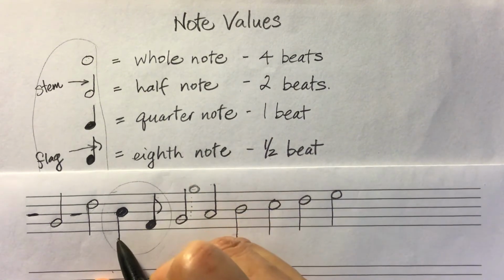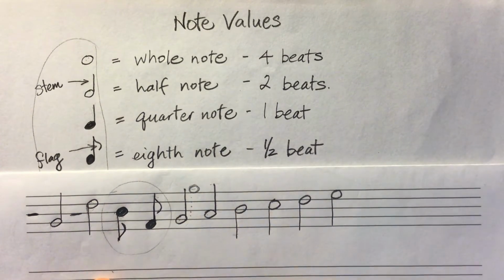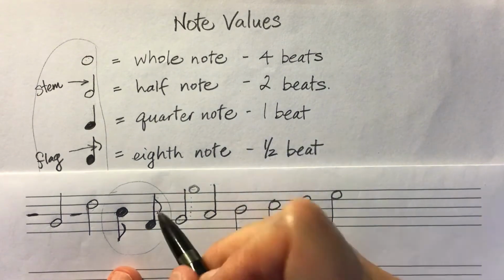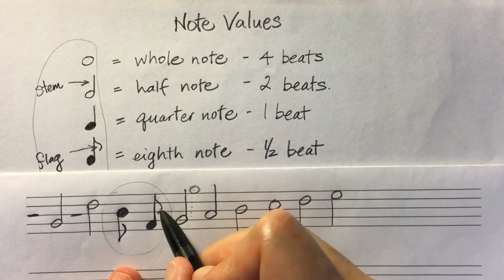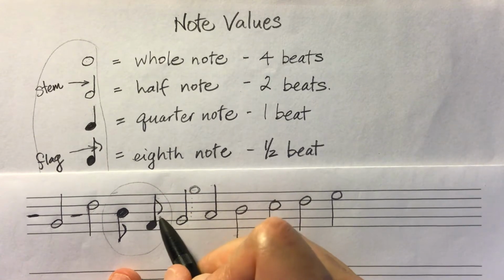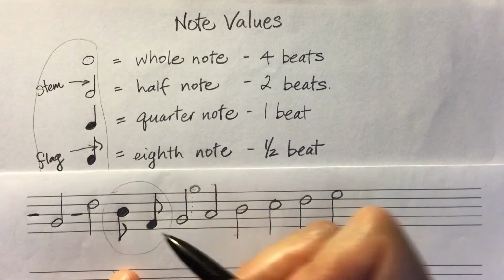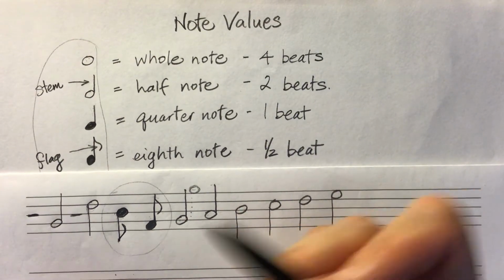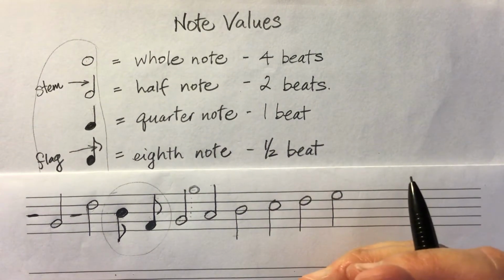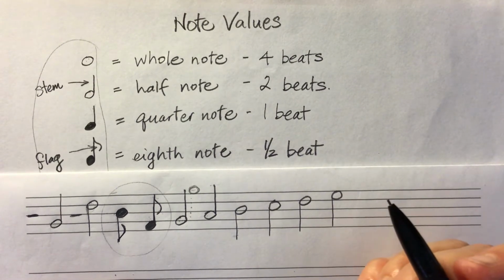Your flag actually has to stay on the right side. So notice on this side, up stem, the flag is on the opposite side of the stem as the note head, right? But on a down stem, your flag is on the same side as your note head. I know, weird rules. Who decided these? Certainly not me, but that's just the way it's going to be.